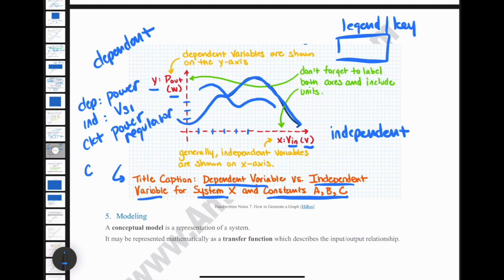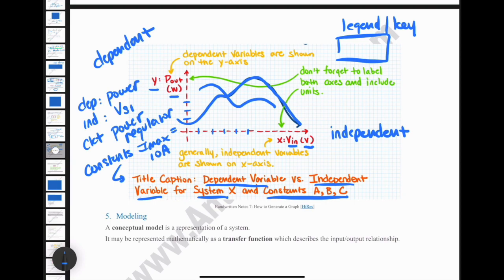And then let's say we'll set some constants, maybe the I maximum current is 10 amps. So if we have these values right here, I could create a good title, which would be power consumption for load versus Vs1, or you could say applied voltage for power regulation circuit shown in figure X, and an I max of 10 amps.